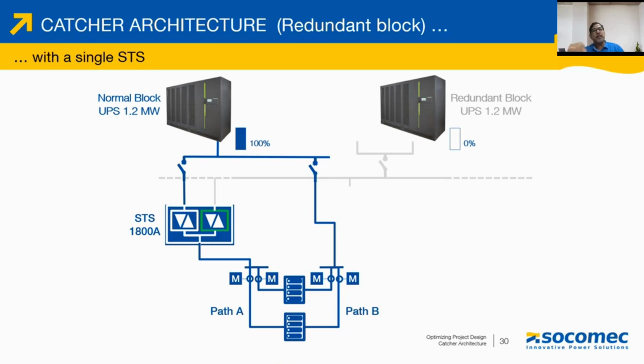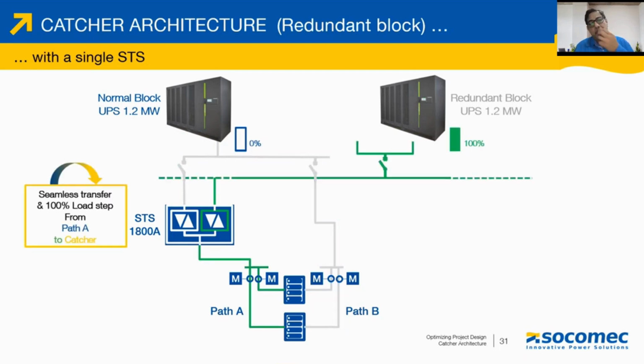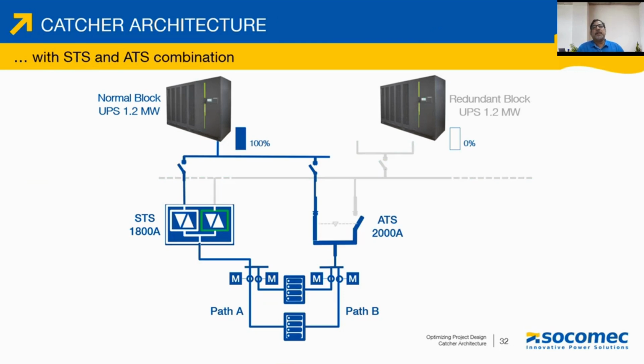So this is a typical representation of how catcher installation is implemented. Now within this, we have the option that we can also include an ATS, as shown in the system here, which is interlocked with the particular breaker coming from the main UPS system. ATS is primarily introduced for the catcher power supply.